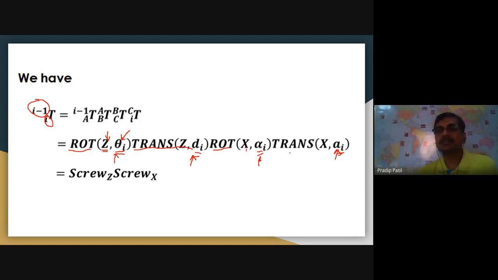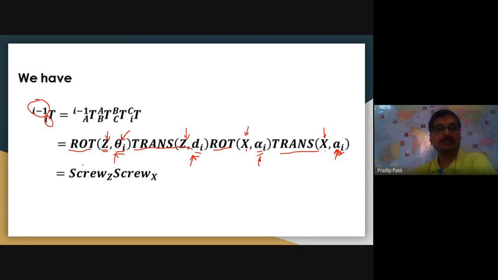And the last one is the translation along the x-axis by the length of the link, that is a i. So these are the four parameters, with the z-axis and the x-axis. When we want to find the transformation from one axis to another, we have to follow these four transformations.